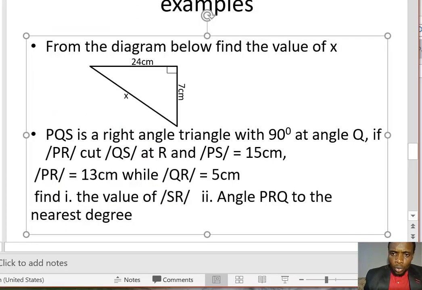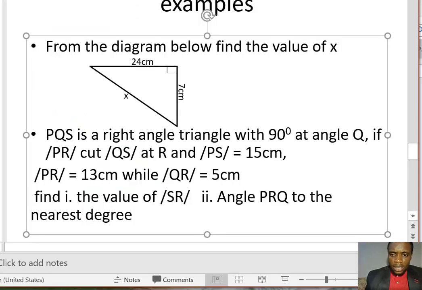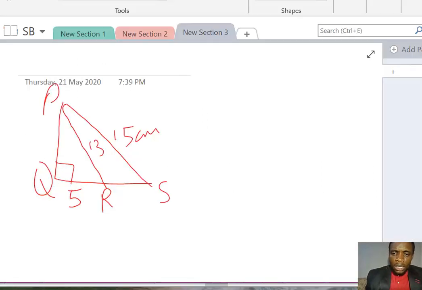And also QR is 5 centimeters. QR here is 5 centimeters. Now the question says find the value of SR. So we are looking for this RS or SR.